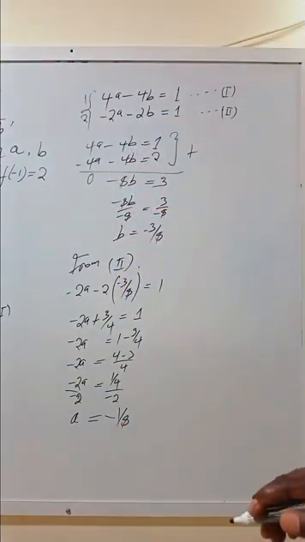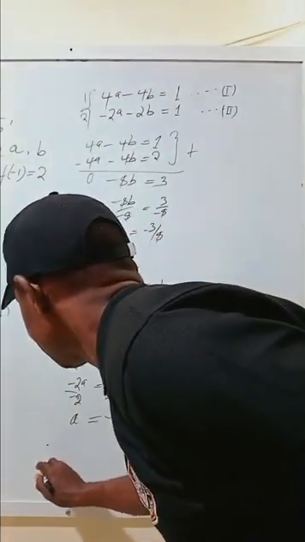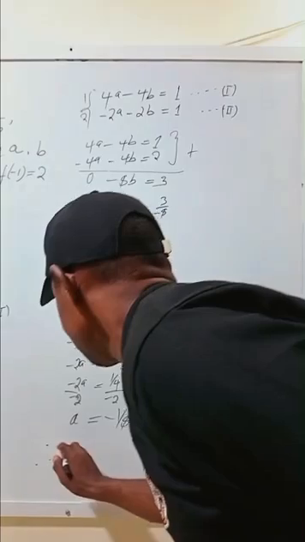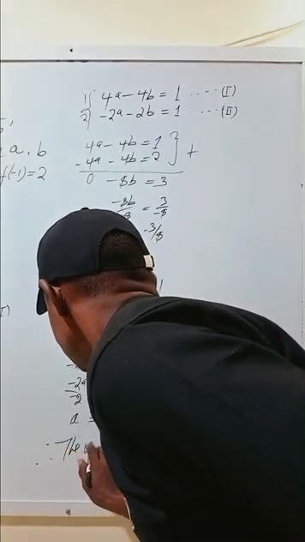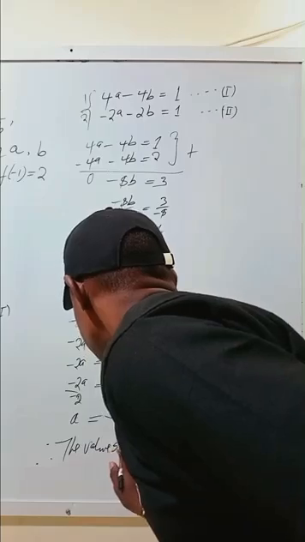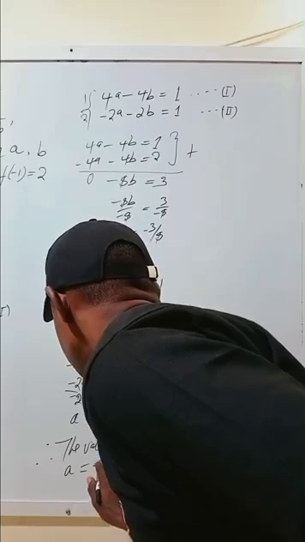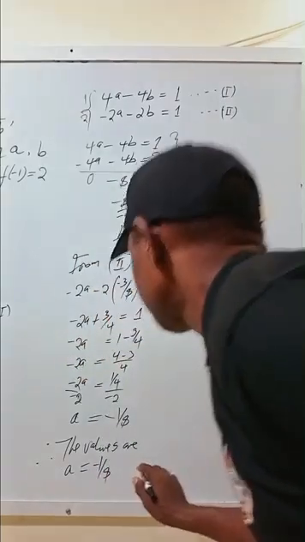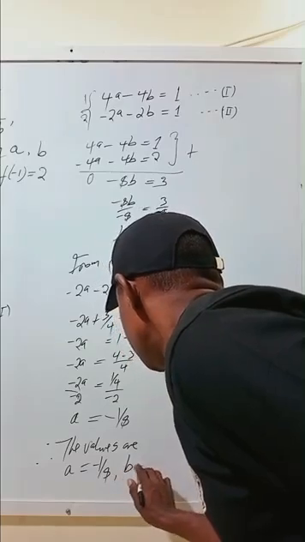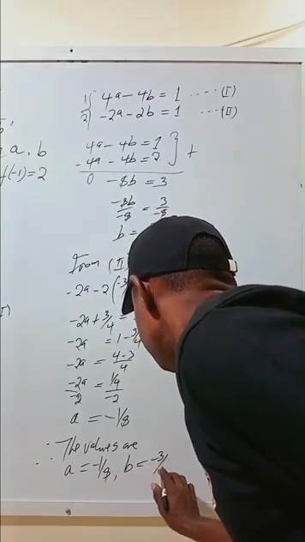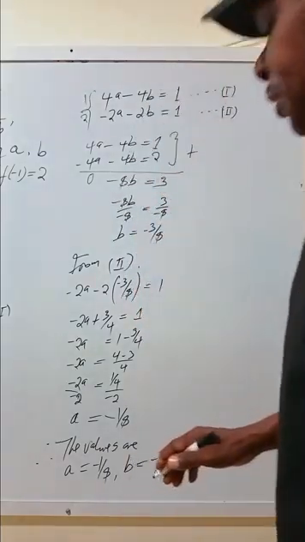So what are our answers? The values are a equals negative 1 over 8 and b is equal to negative 3 over 8.